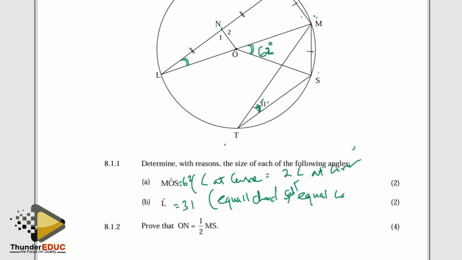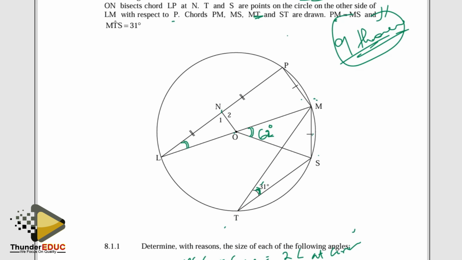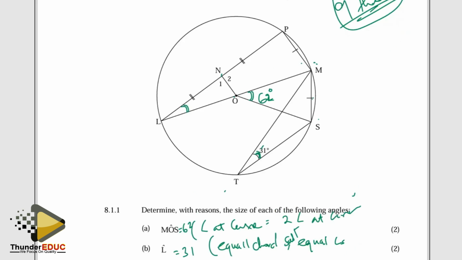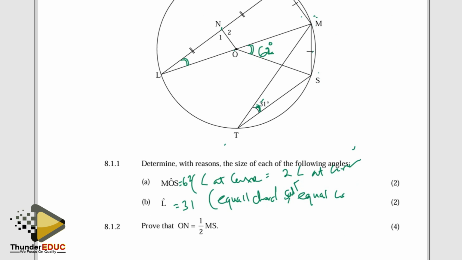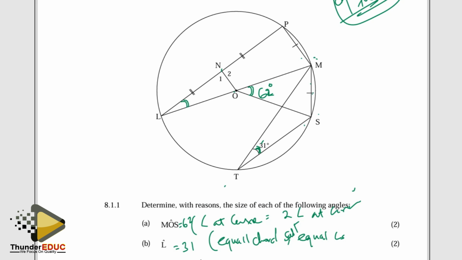Then can we prove that ON is a half of MS? So we know that MS is the same as PM. Okay, MS is the same as PM.